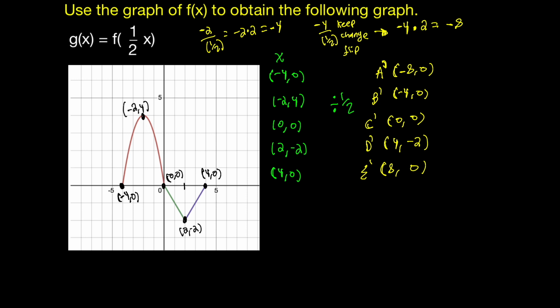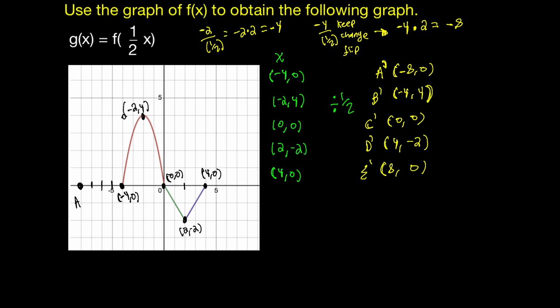So I'm going to begin by graphing A prime, which is at -8, 0. So this is -5, -6, -7, -8. I have A prime. So here again, I made a little typo. This should be a 4, not 0. So let me erase that. So we have B prime at -4, +4. So at -4, I'm going to go all the way up to +4.